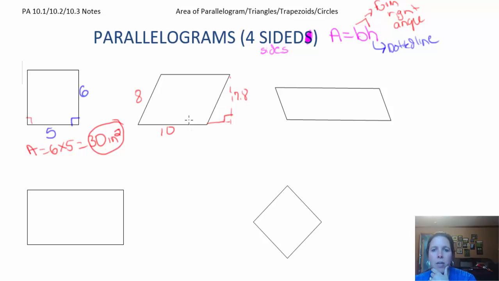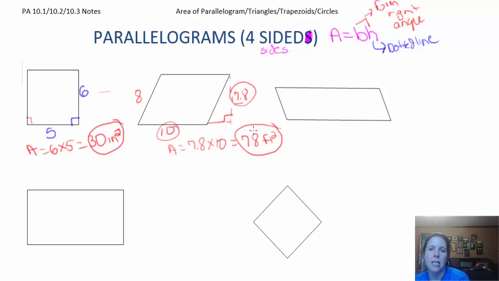Well, we know that our height right here is the dotted line, so we know this is going to be our height, and it forms a right angle right here, which goes along with our base. So we do not need the 8. So area equals 7.8 times 10, which is 78 feet squared. Make sure you have that squared in there.